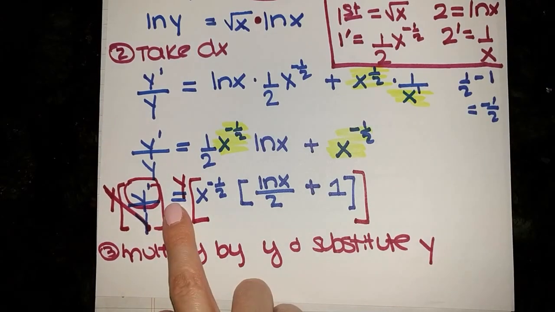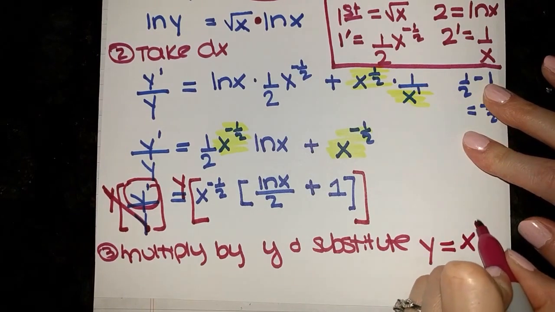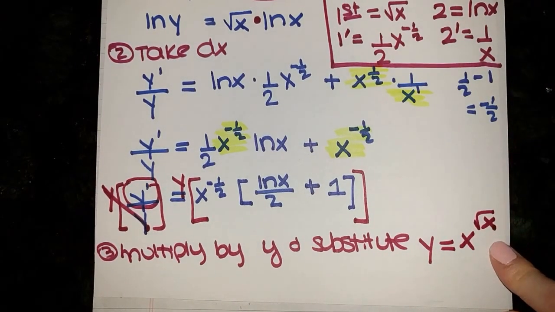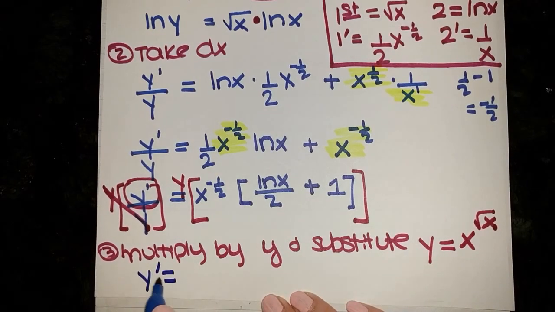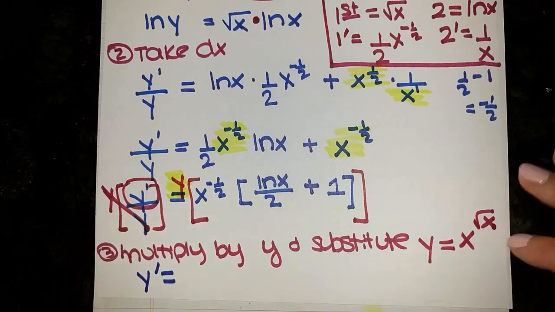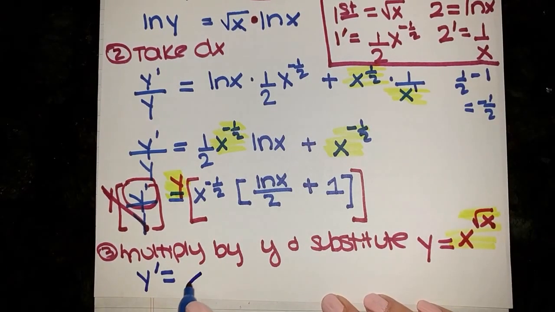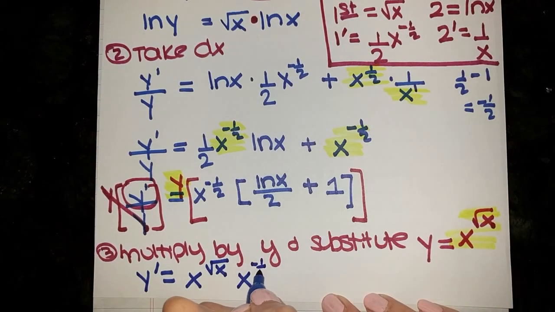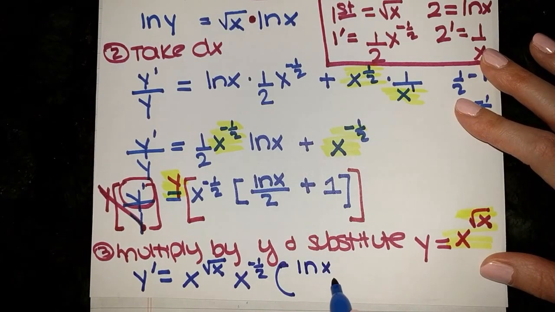But I'm not going to keep it in terms of y because y is equal to x to the square root of x. So I plug that in for y. So here's what it's going to look like. I'm going to have y prime is equal to, I'm going to substitute in that y is defined as x to the square root of x. So this will become x to the square root of x times x to the negative 1/2, and then parenthesis natural log x over 2 plus 1.